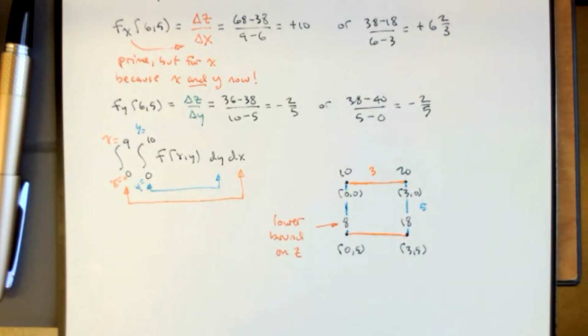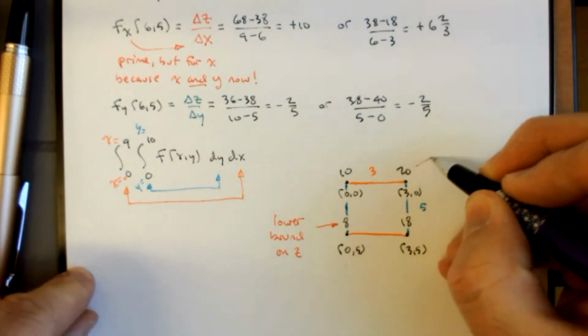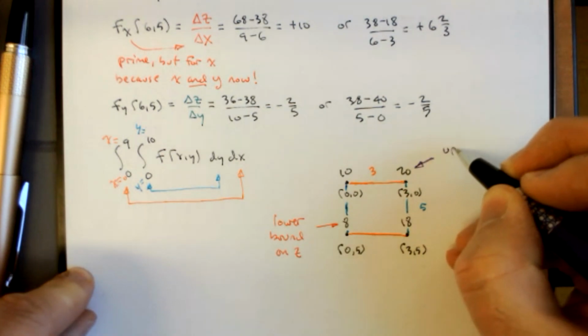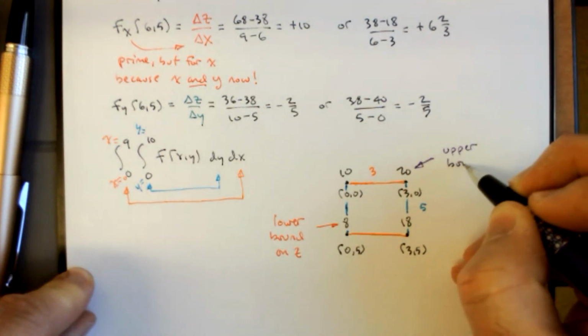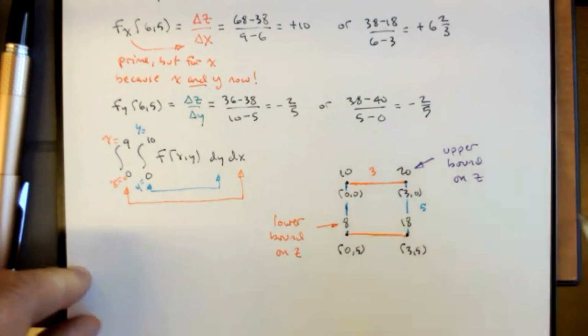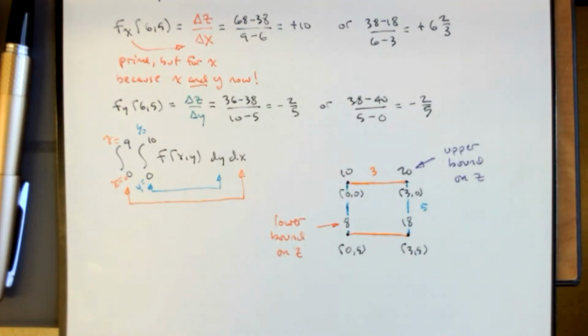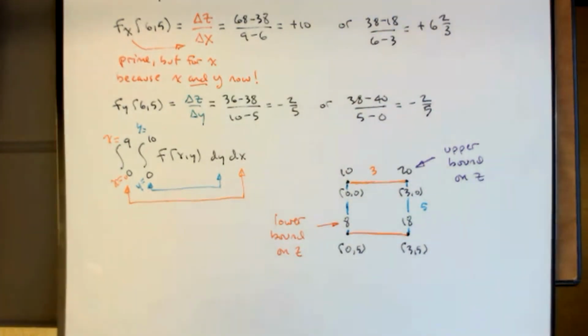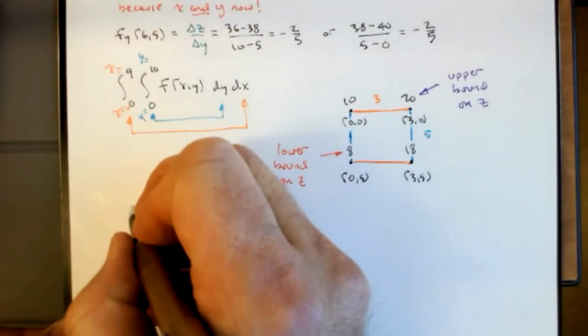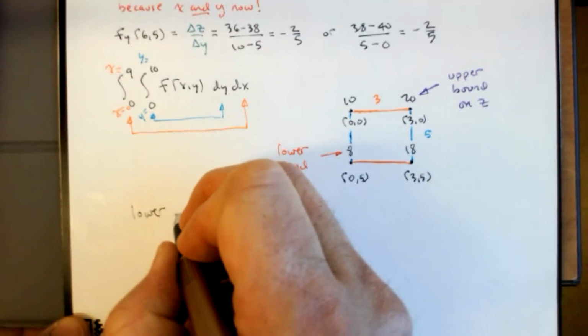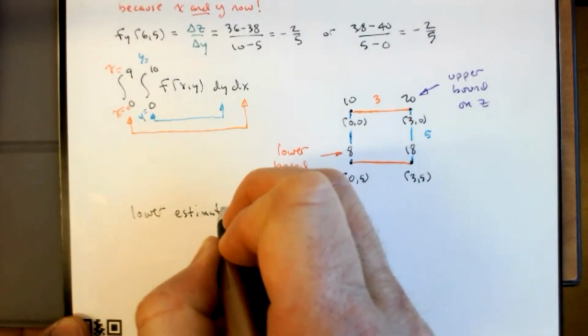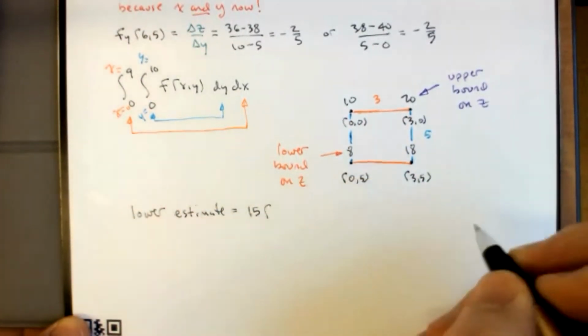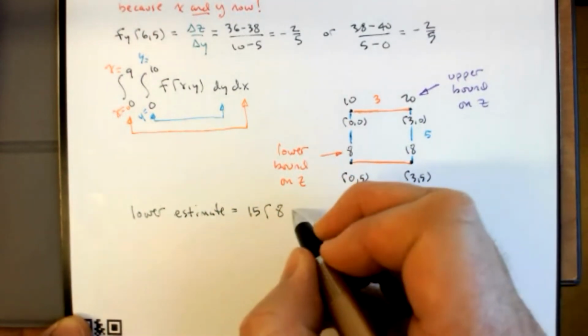Then in the other corner at 20, that's going to be the upper bound for the height above this rectangle. So for my lower estimate, I'm going to take my area of 15 and use this first rectangle's height of 8.